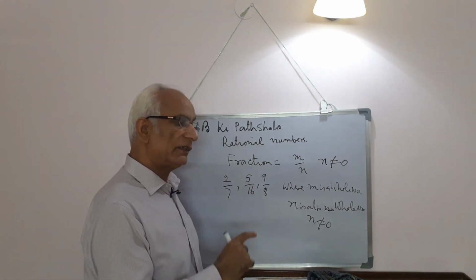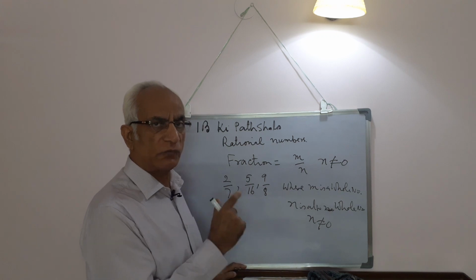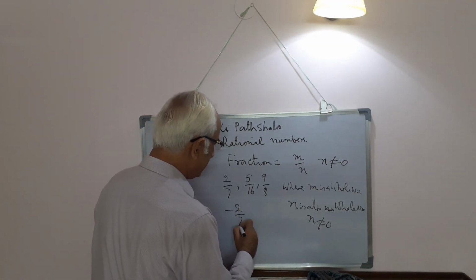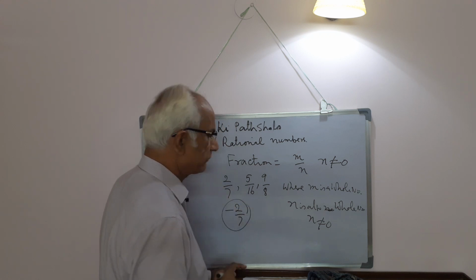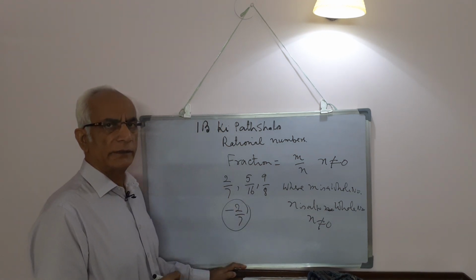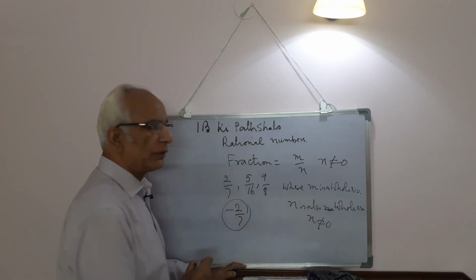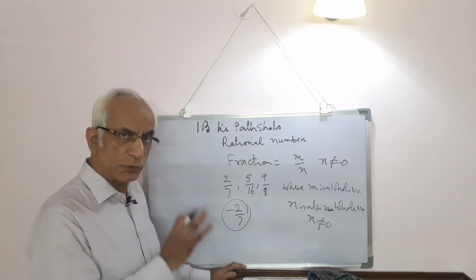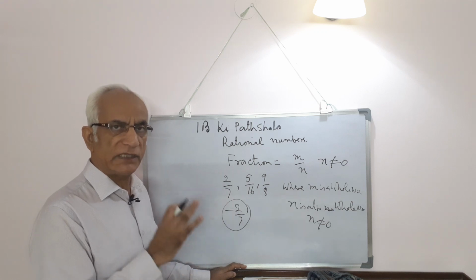Or we can say some rational numbers are also fractions. But minus 2 upon 7 is not a fraction. Why? Because minus 2 is not a whole number. It is an integer. I hope you know the difference between whole number and the integers.